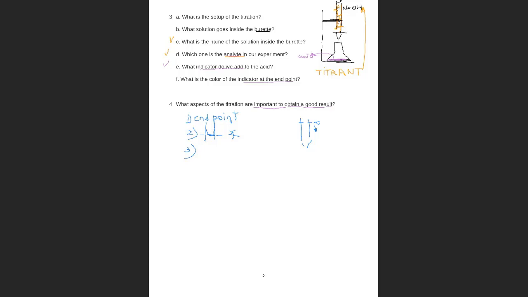And then we always have to report the readings with one estimated digit past the smallest marking. That's what you saw in experiment number 1. Always, if you have 0 ml and you have 1 ml, you are always going to estimate one more digit.